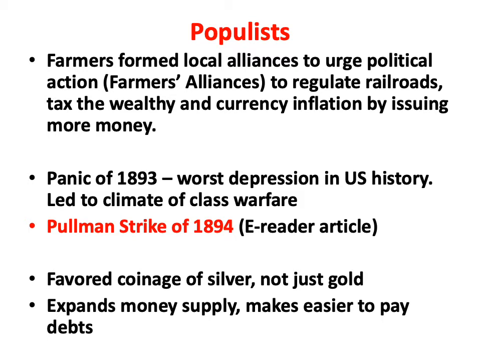So you could take your $10 or $5 to a bank and they could eventually get you gold. That is not the case today. But the farmers wanted to expand from gold to silver because there's only so much gold in the world. It's very expensive. And also the U.S. has a lot of silver, as you know, in Nevada, Colorado, and places. And the result was to expand the money supply, create inflation, and this makes it easier to pay the debts.